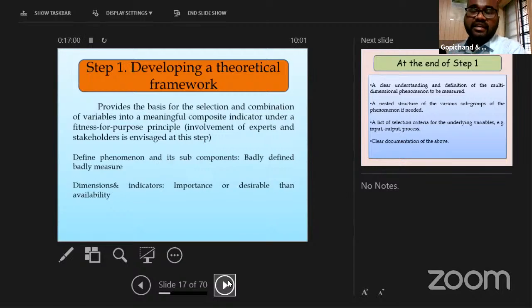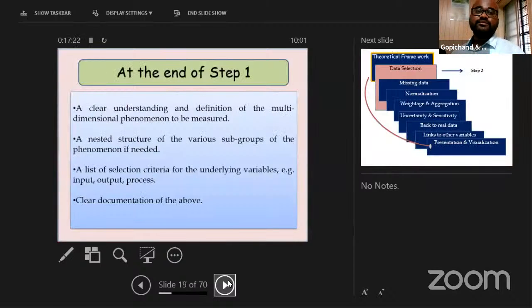Dimensions or indicators are selected based on desirability rather than availability. If you put in whatever indicators are available, and it is not giving the particular data, it will give spurious results. So we should be careful while selecting the dimensions and indicators.